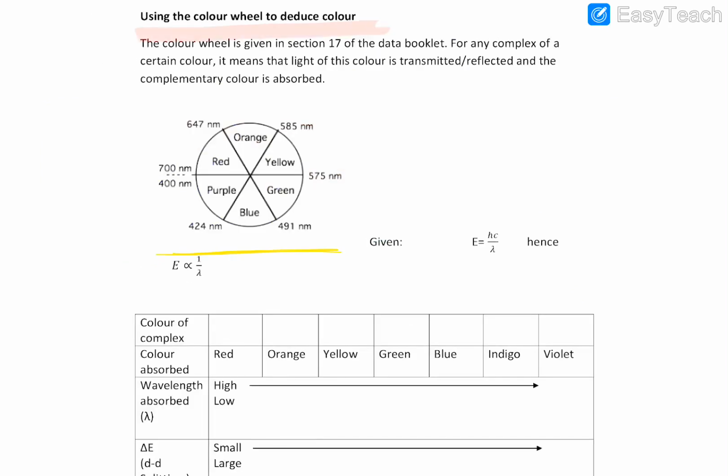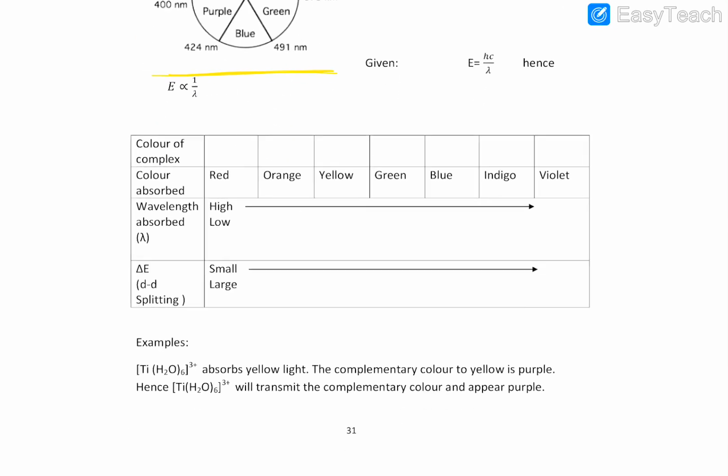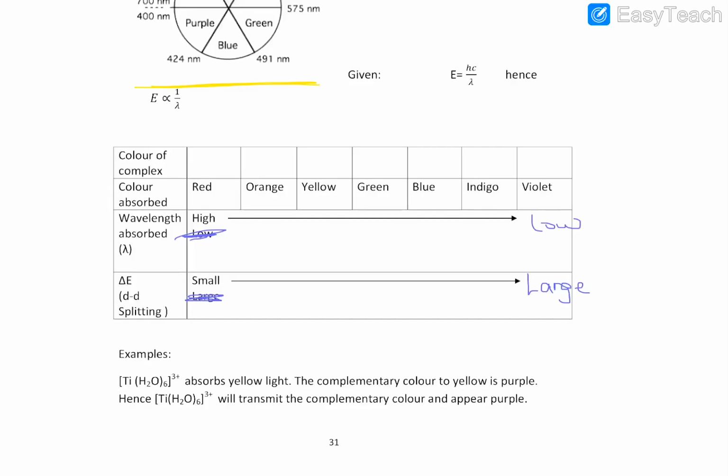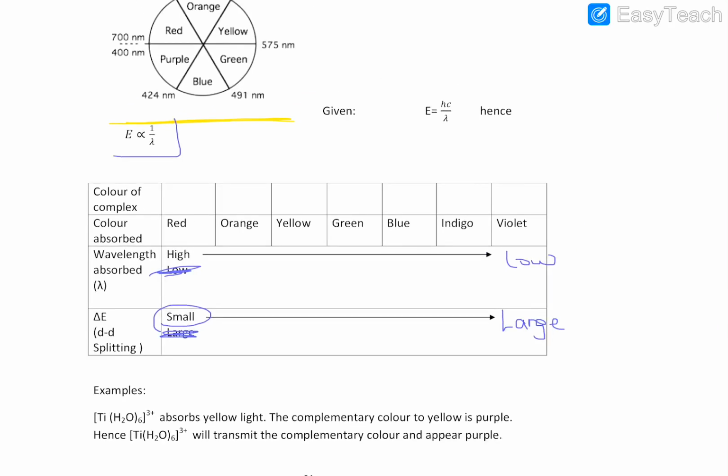Now, the color wheel is a very important tool for you to know the color of the complex. Depending on the color absorbed will depend, of course, on the d-d splitting. So if you have a small d-d splitting, it means that the energy required to promote the electron is small. Remember that E is inversely proportional to wavelength. Small energy means that the wavelength of the light absorbed is high.